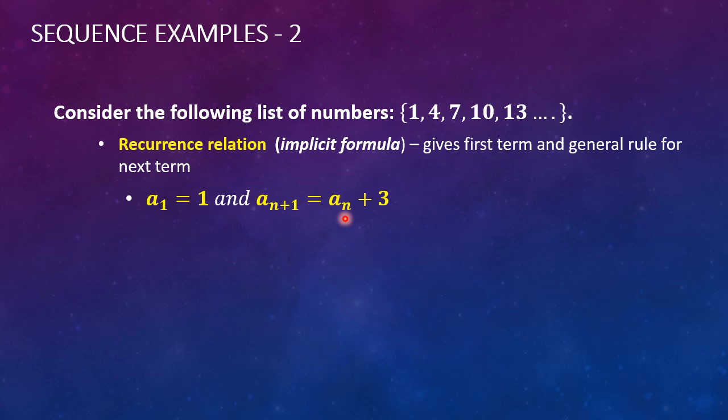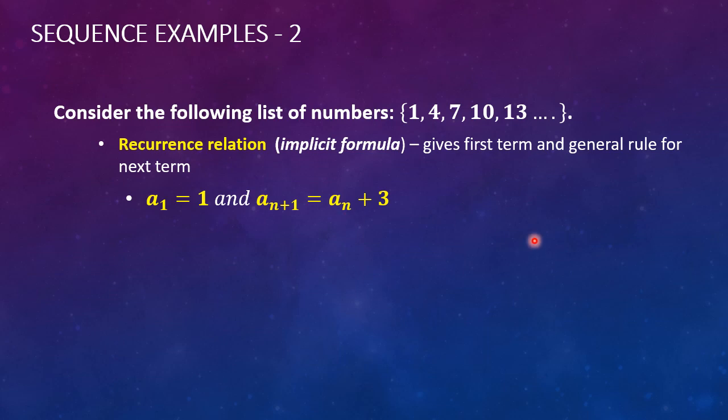So if we were trying to find a sub 2, this is 1 plus 1, so this would be a sub 1 plus 3. If we wanted to find a sub 3, this is 2 plus 1, so n is 2. We get a sub 2, which is 4, plus 3, which is 7, etc. This is a recurrence relation, which gives us the first term explicitly and then gives us an implicit formula so that we have to find each term.